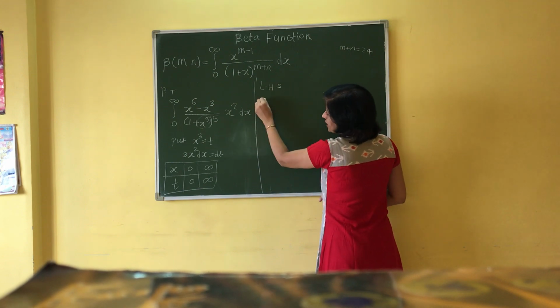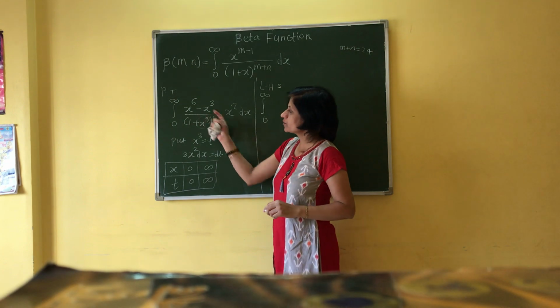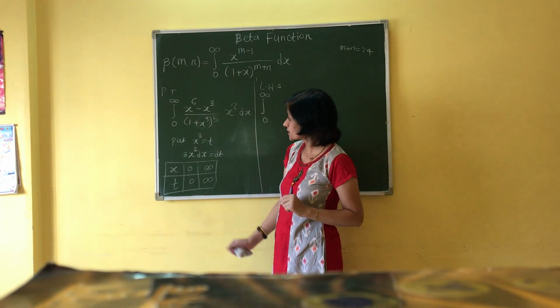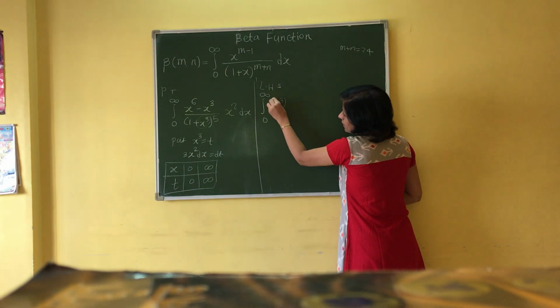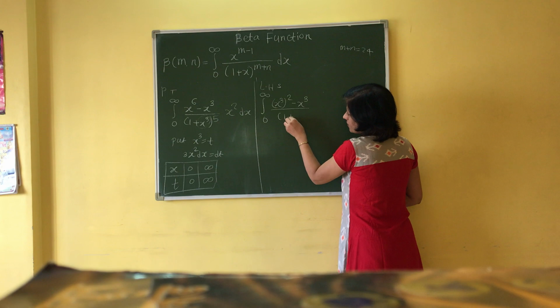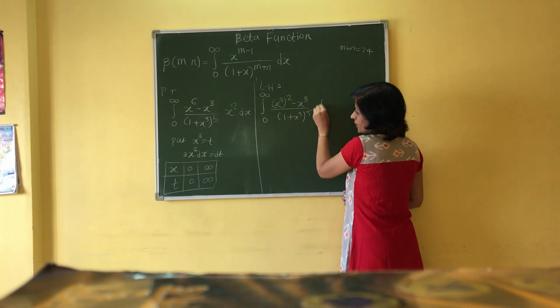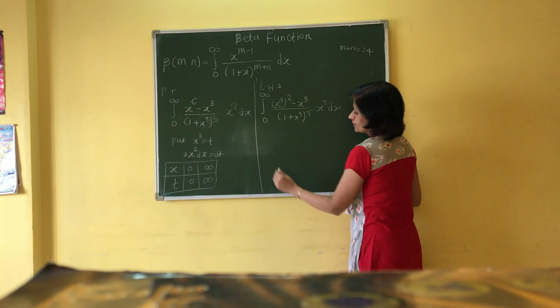Our LHS is integration from 0 to infinity x raised to 6, which can be written as x cube bracket square, minus x cube upon 1 plus x cube raised to 5, x square into dx.